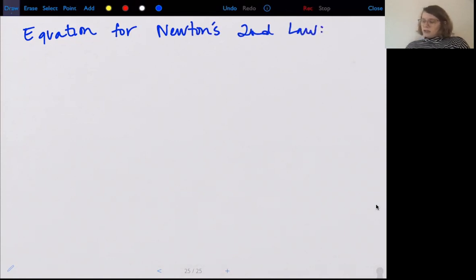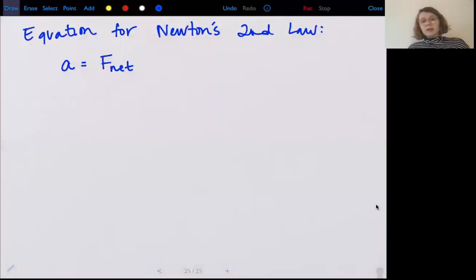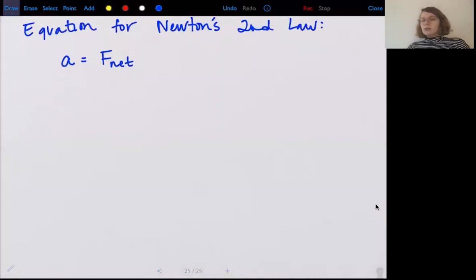This equation says that acceleration, A, is equal to F net. Hey, that's a directly proportional relationship, right? Acceleration equals force. Yes, that's exactly what we just found. As one goes up, the other goes up. As one goes down, the other one goes down. Perfect. It's equal to net force divided by m, mass.